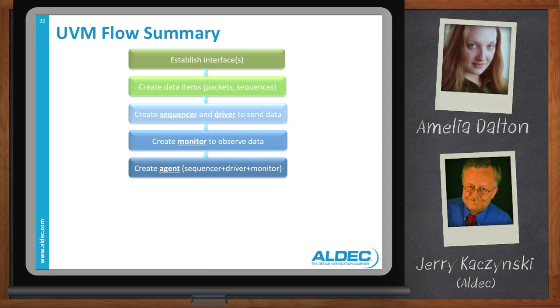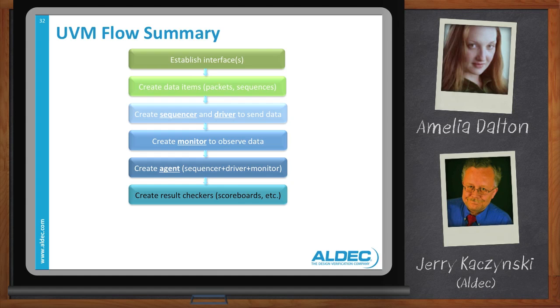Of course, when data created by sequencer and driver reaches design under test and then we observe responses via monitor, we usually want to process the data a little bit further. So we should consider creation of result checkers, such as Scoreboard that we have seen in our diagram earlier. Okay.